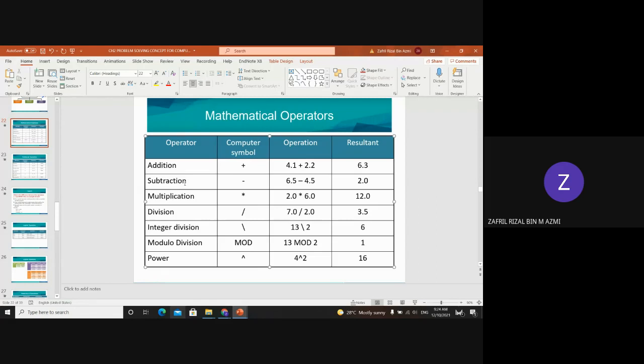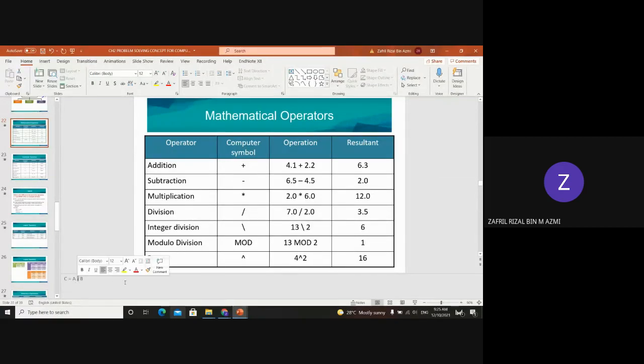Okay, so subtraction is also the same as manual calculation. Multiplication is different. If you want to write an equation involving multiplication, you cannot use X. Manually we use X, but when we write a computer program and want to include multiplication, you cannot use X. X will be considered a variable.